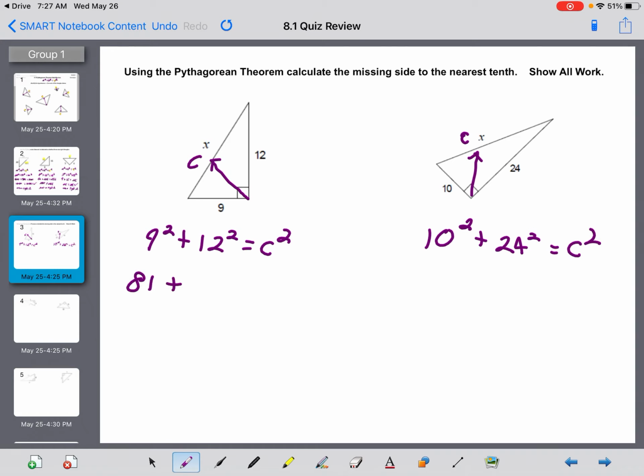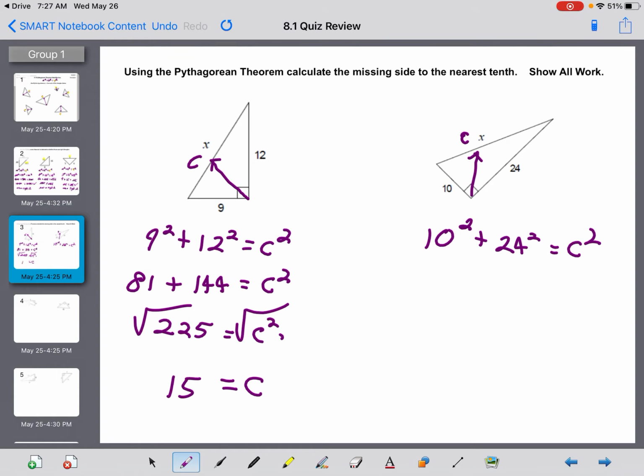Well, 9 squared is 81. 12 squared is 144. When you add 81 plus 144 together, you get 225, which equals C squared. And then all you need to do is take the square root. C equals the square root of 225, which is 15.